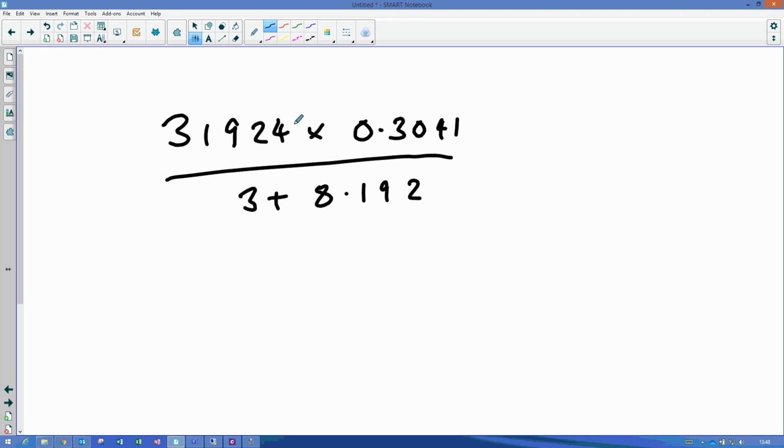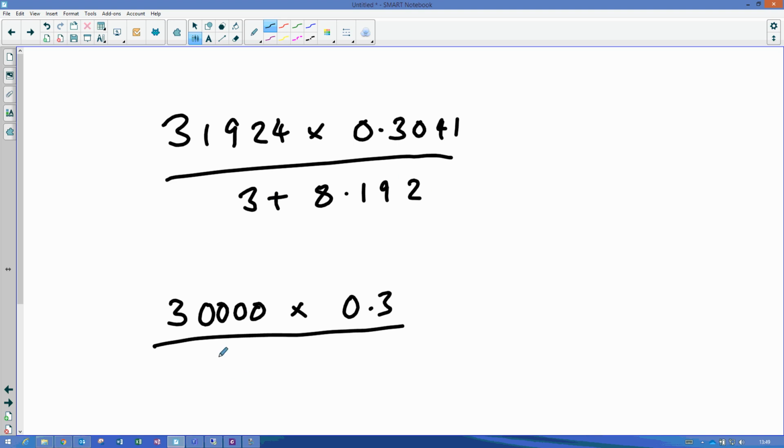So to estimate a number like this, just the first digit with the right number of noughts on the end, 30,000 even. Here, again, we're keeping one digit. So not this 0, we can't round to 0, but we can round to 0.3.